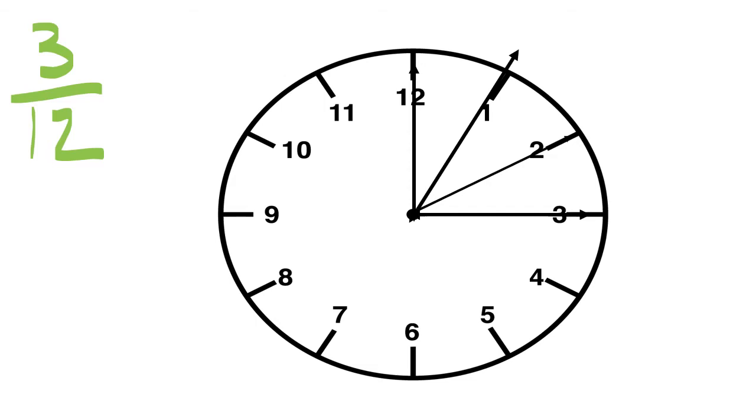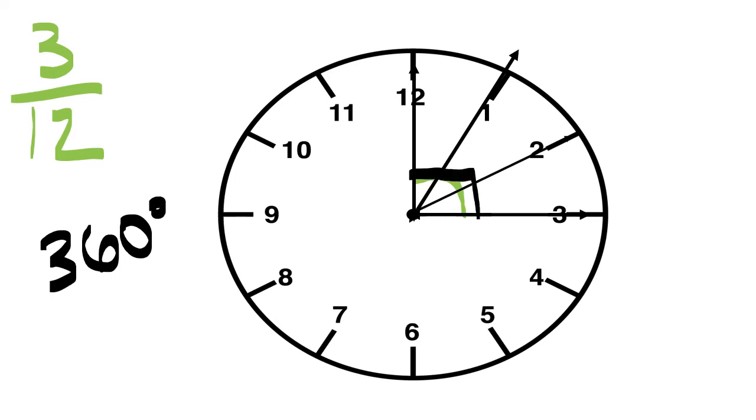So we know it's 3/12, but what if I wanted to know what is the measure of this angle? Could you tell me based on what you see? Well, if this whole thing is 360 degrees, what is this measure angle?